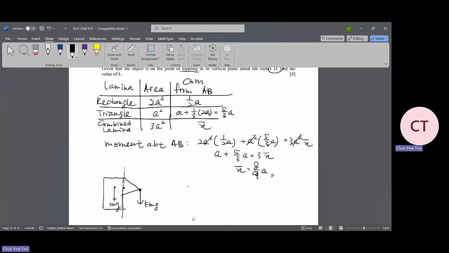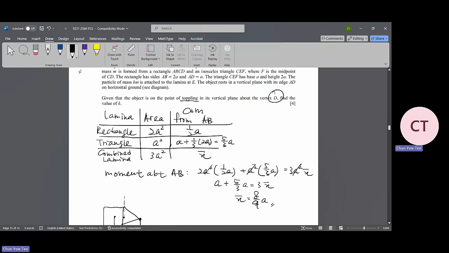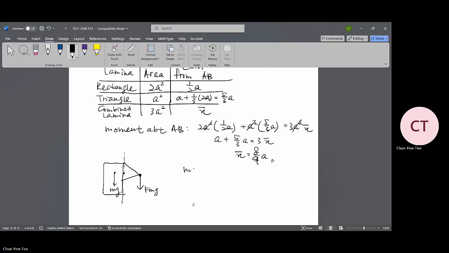So if you take the moment about the line CD, that will be equal to mg multiplied by the perpendicular distance over here, which is A minus 8 over 9A, equal to kmg multiplied by 2A.